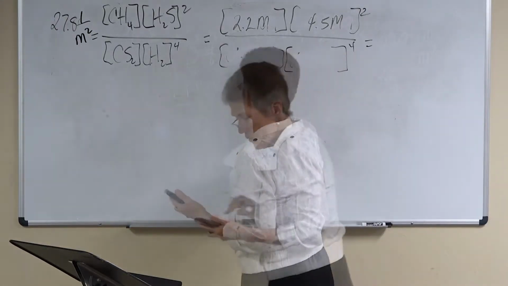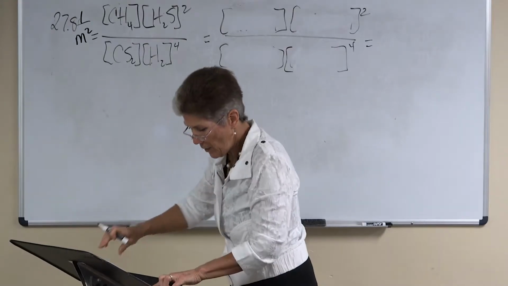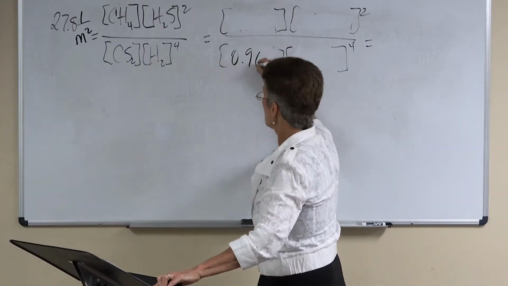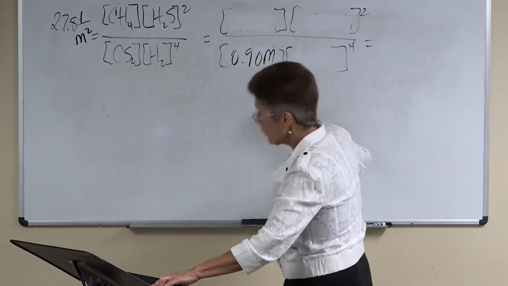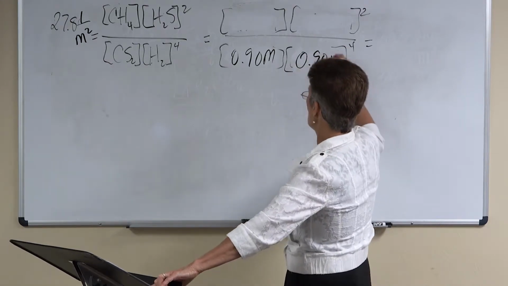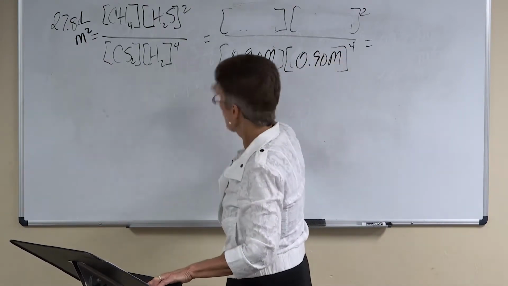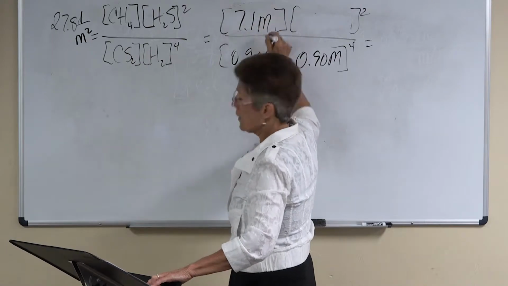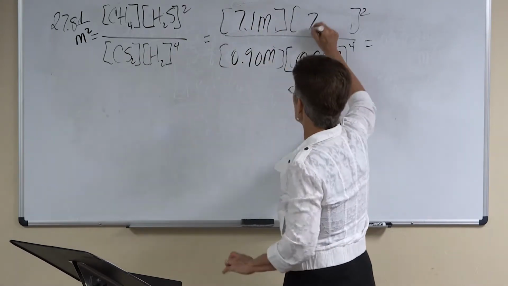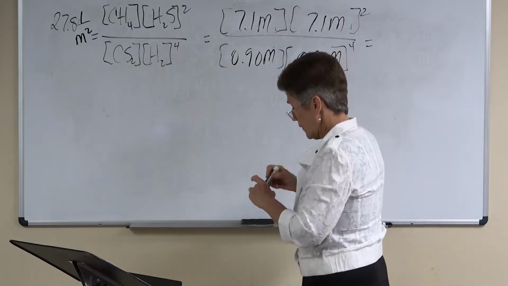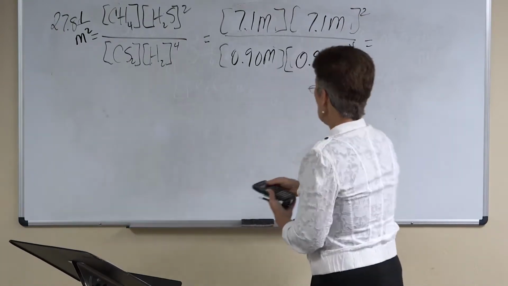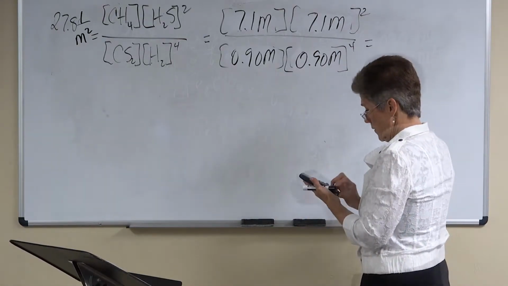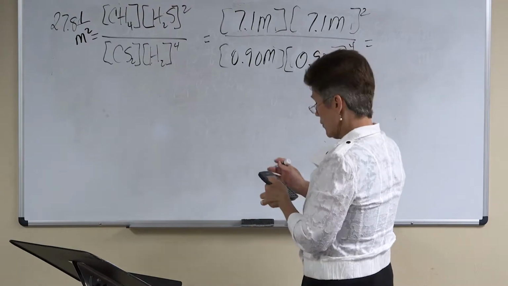Let's try C. So we put C in, 0.90 molar, 0.90 molar, 7.1 molar. Wow, those are bigger digits, that's for sure. 7.1 molar. And so you go ahead and do these, and we have two significant figures.